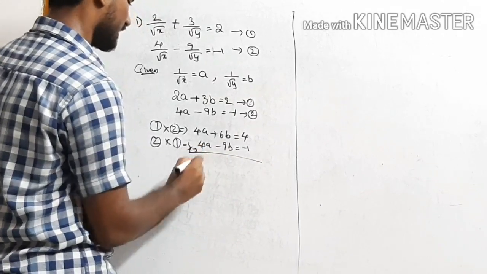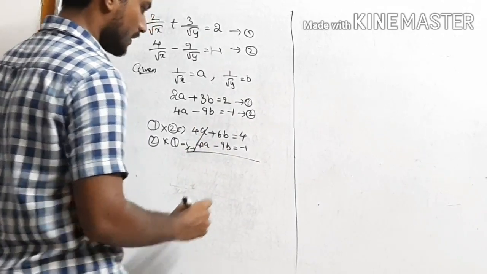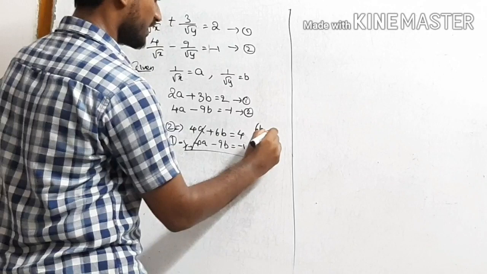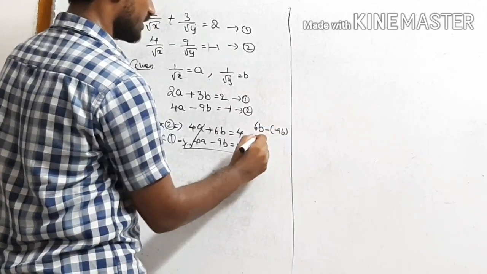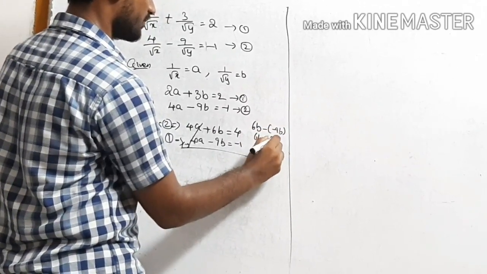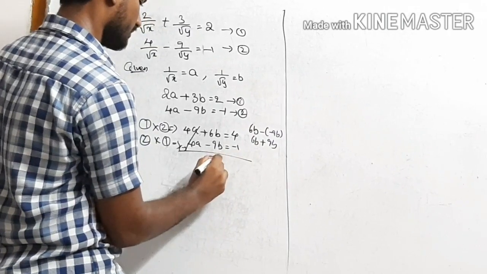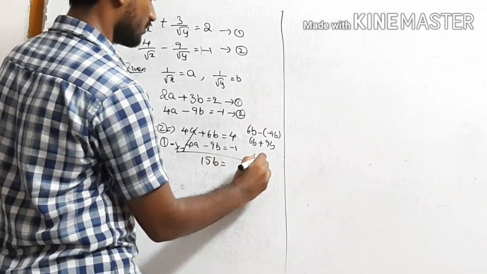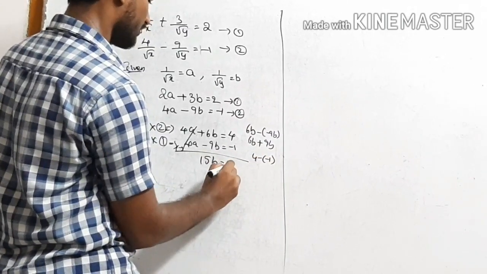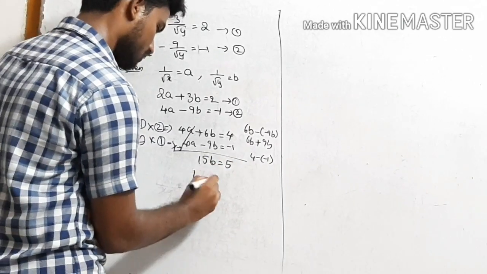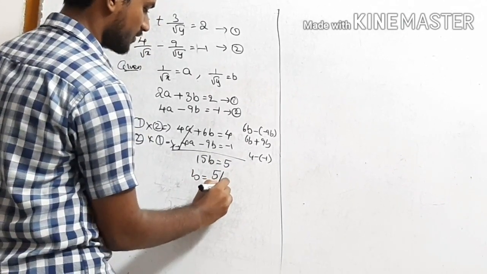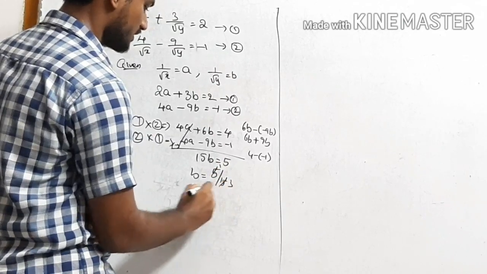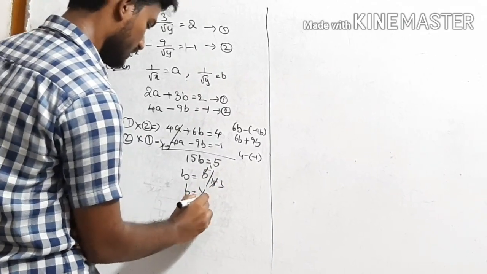By doing subtraction, 4a cancels. Next, 6b minus minus 9b is 6b plus 9b, which is 15b, equals 4 minus minus 1, which is 5. Next, b equals 5 by 15, which gives b equals 1 by 3.